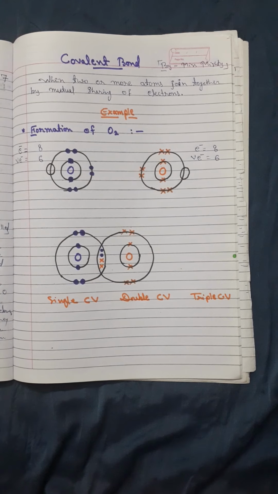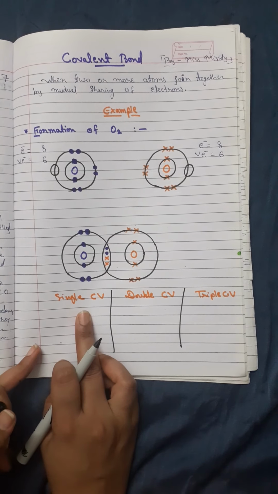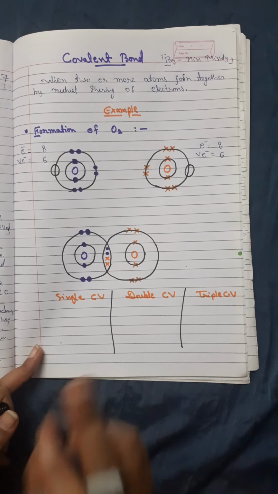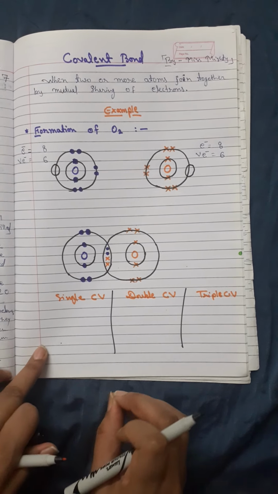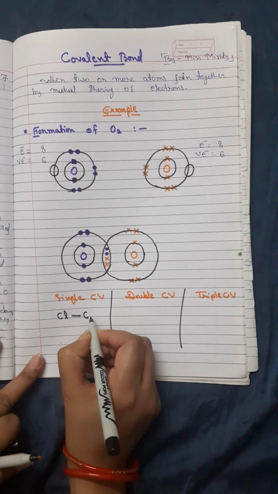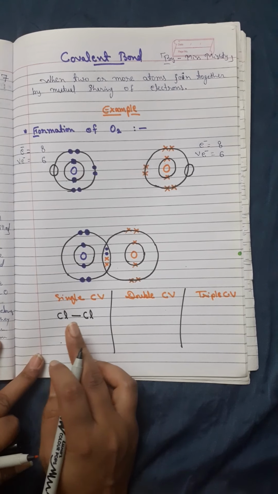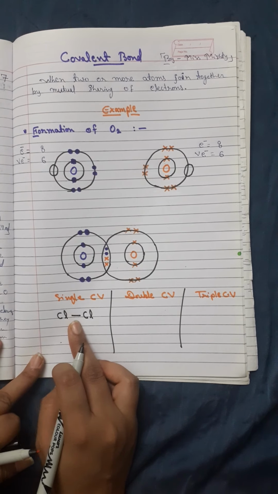If we are talking about a single covalent bond, that means one pair of electrons will be mutually shared, just as in chlorine gas. So there will be one single covalent bond between them.